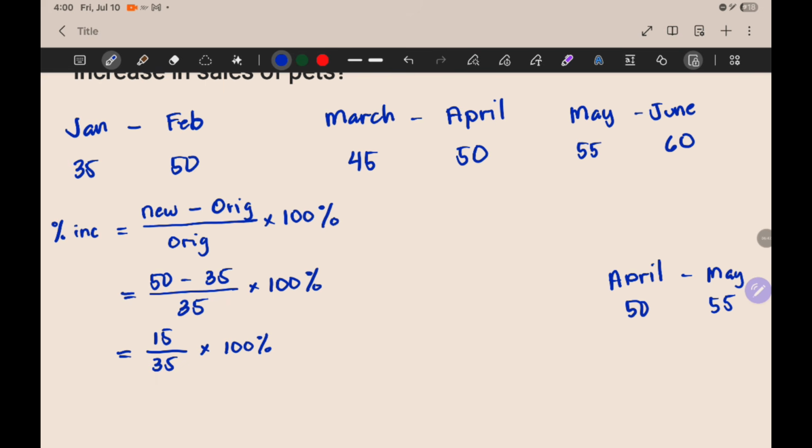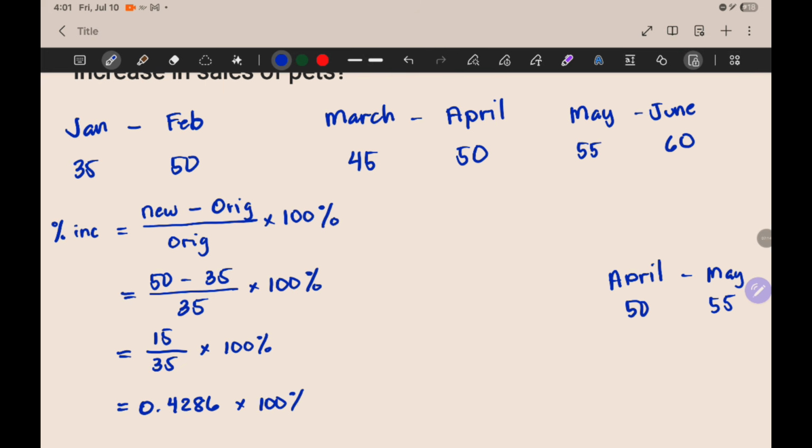So, what is 15 divided by 35? Pag sinolve nyo yan sa calculator nyo, non-repeating decimals po yung lalabas. Pwede natin kunin yung hanggang 4 decimal places, i-round off na lang natin siya. Ang nakuha po natin ay 0.4286. Ni-round off ko na po yung 5, kaya siya naging 6.